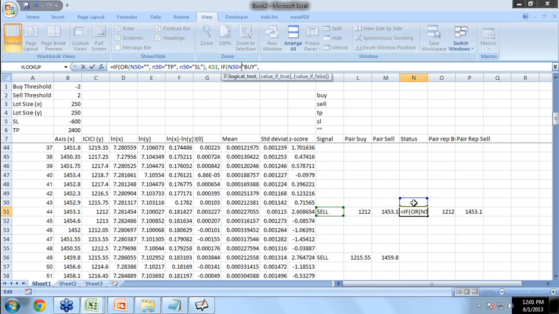Now, what if the status in the previous row was buy? In that case, we need to calculate how much money it is making or losing.